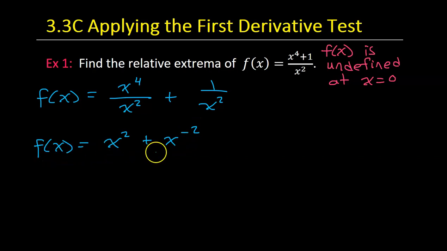In this form, we can just do the power rule to find the first derivative. So f prime of x will equal 2x, and then we're going to have to use the power rule here, so the negative 2 will come to the front, and then we will have the negative 3 power.